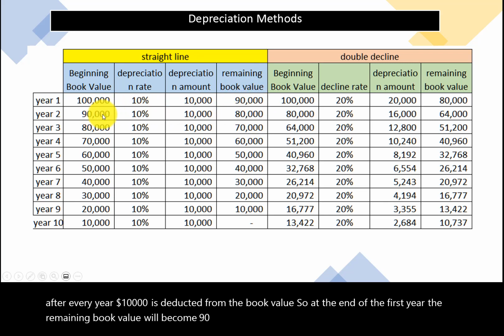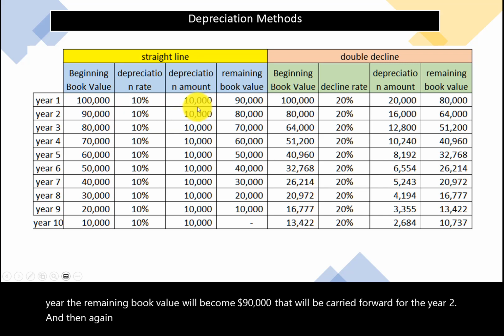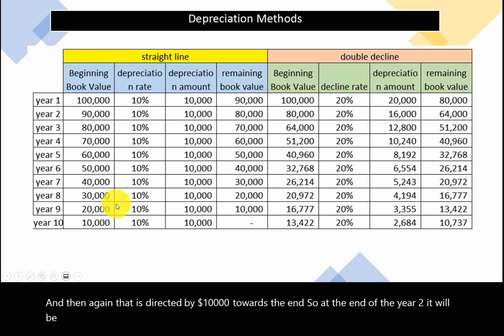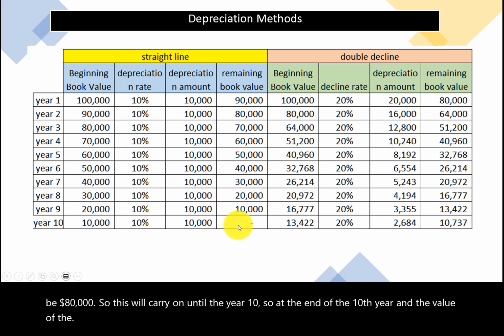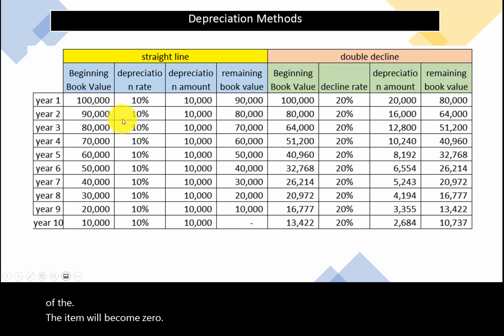That will be carried forward for year 2, and then again it is deducted by $10,000 towards the end. So at the end of year 2, it will be $80,000. This will carry on until year 10. At the end of the 10th year, the value of the item will become 0. So that's how the straight line method works.